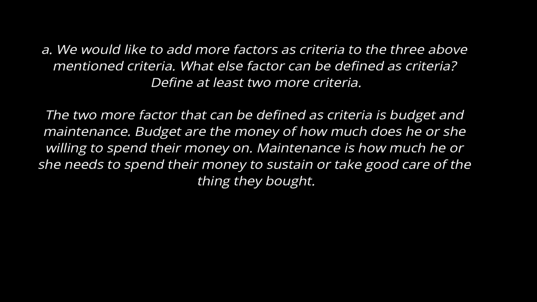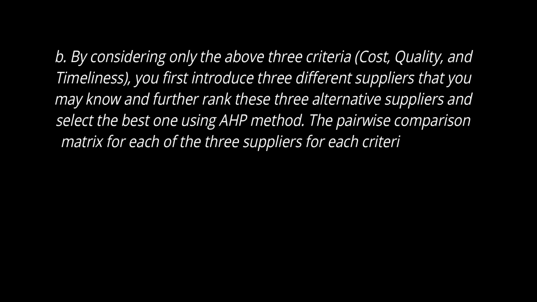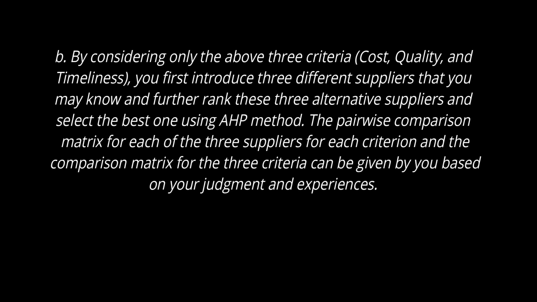By considering only the above three criteria, cost, quality, and timeliness, you first introduce three different suppliers that you may know. Then rank these three alternative suppliers and select the best one using the AHP method.